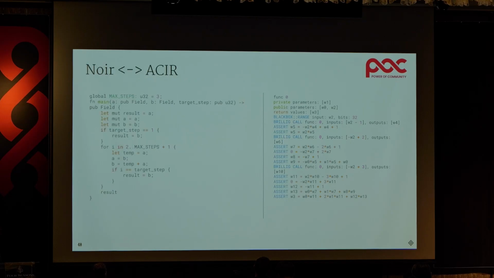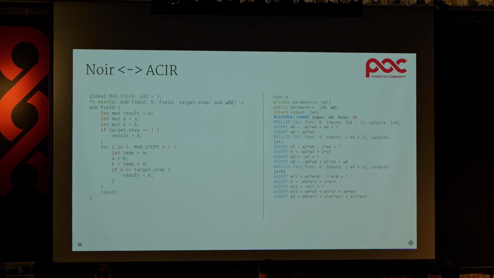So let's see how specifically the Rust-like Noir code translates into these constraints. The first is, yeah, we have specializations for the parameters. So the second parameter is going to be private. There will be public arguments A and target step, and the value is going to be specified as public too.